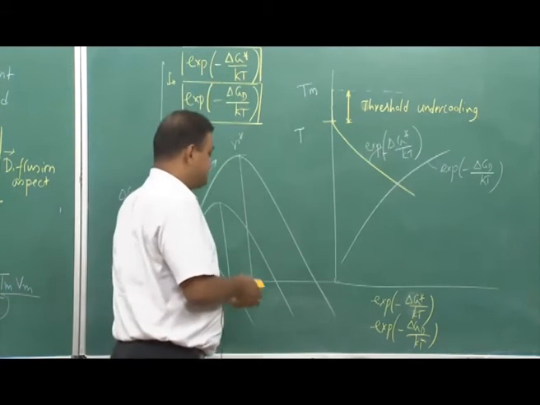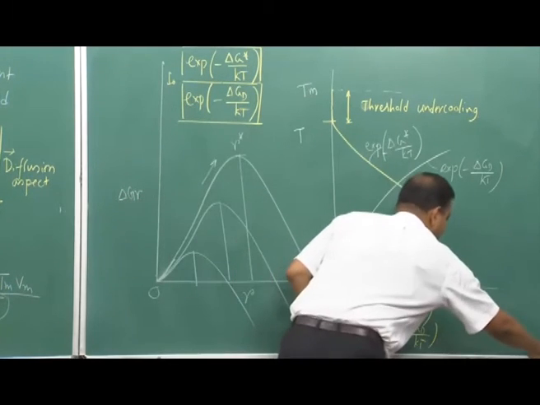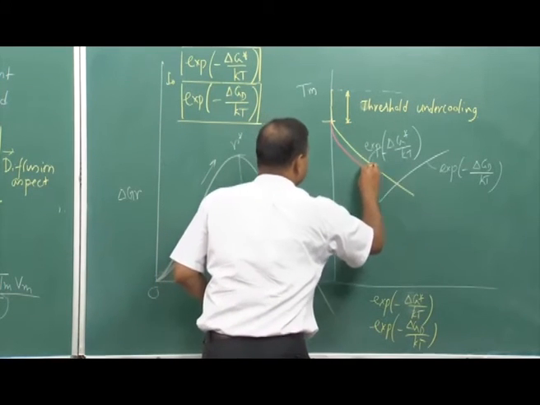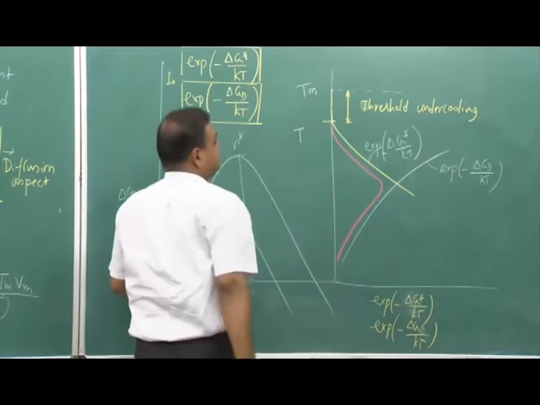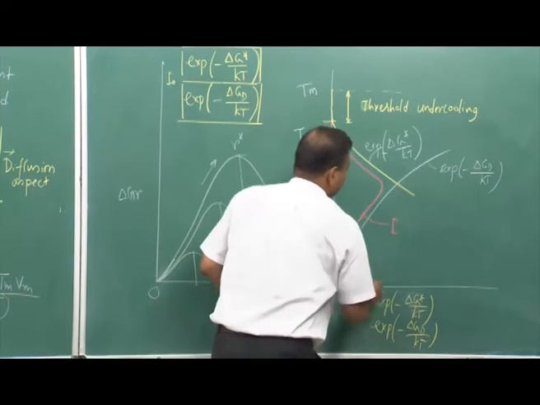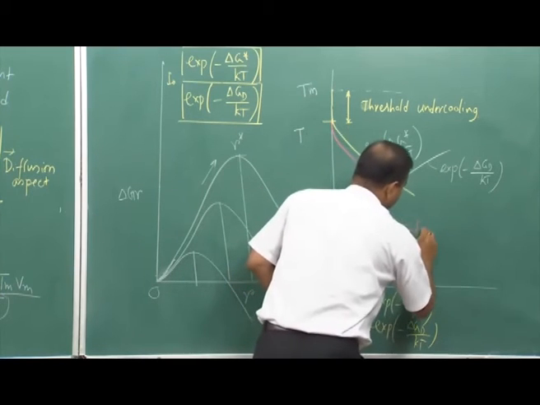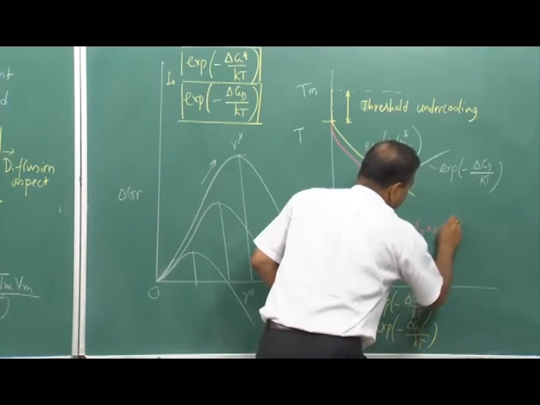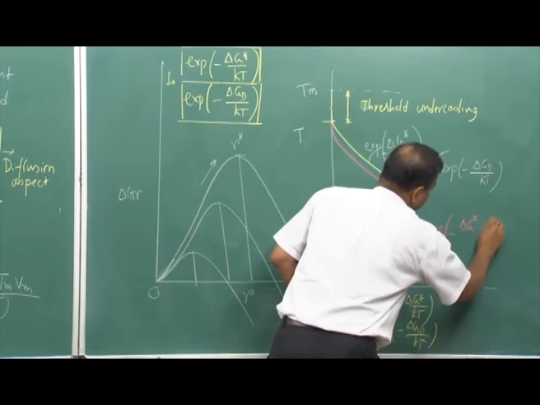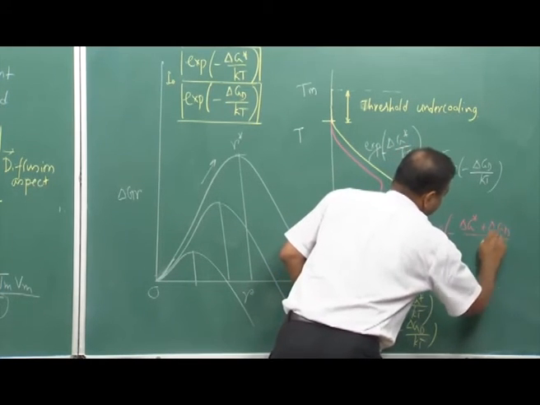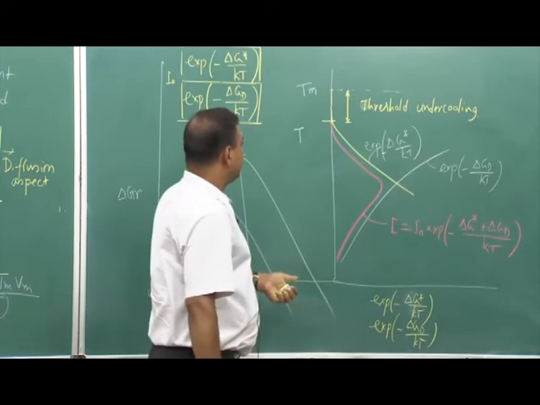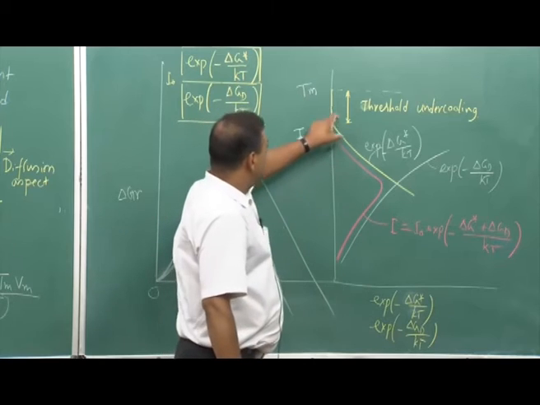So the I would be found between these two lines. So this is my I, which is I 0 kt.